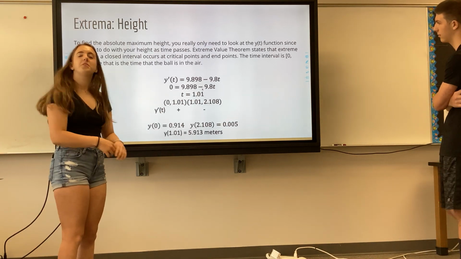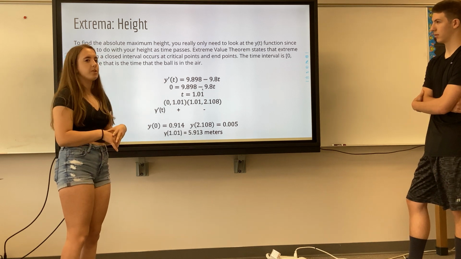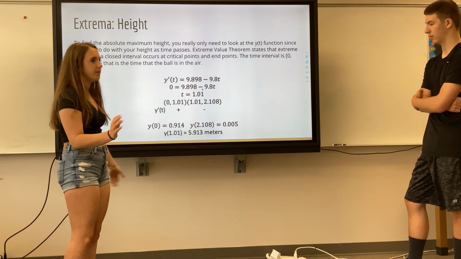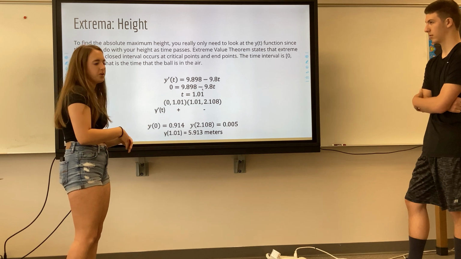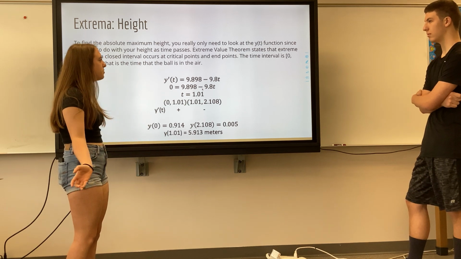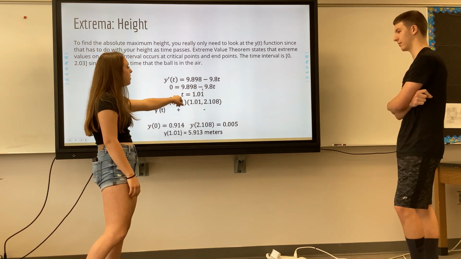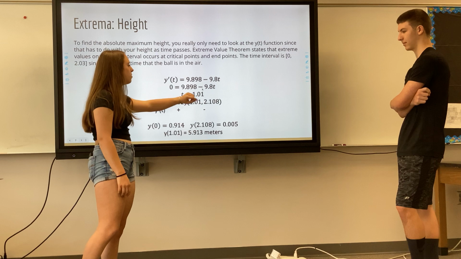Extrema. So when you're looking at extrema like the max height of the ball, you only have to look at your y of t function because that's your height. It doesn't make sense to include your x of t function because it's just going to be a constant anyway. So you take the derivative of your y of t function, and you get a time of 1.01.